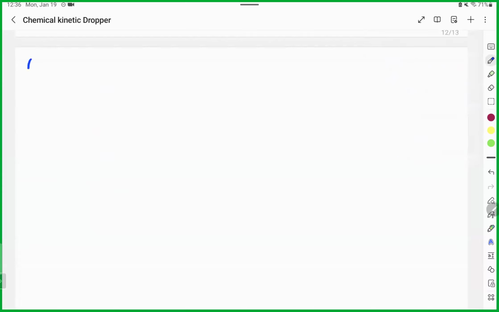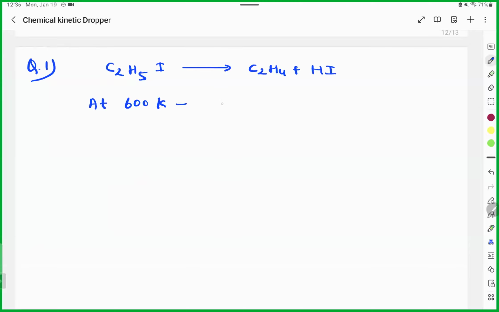Question is that you have a reaction C2H5I gives C2H4 plus HI. All these are NCERT reaction questions. At 600 Kelvin temperature, your K value will be 1.6 into 10 raised to power minus 5 per second.